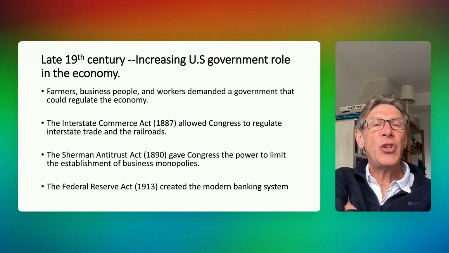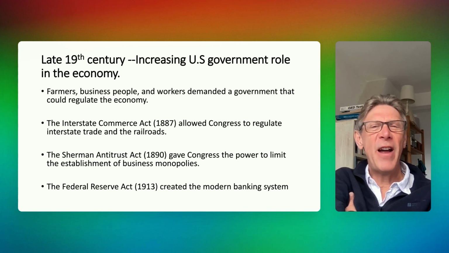The second one, the Sherman Antitrust Act, 1890, gave Congress the power to limit the establishment of business monopolies. Monopolies where one owner owns a business and has no competition at all. They can charge very high prices, and it can be pretty unfair on the consumers.